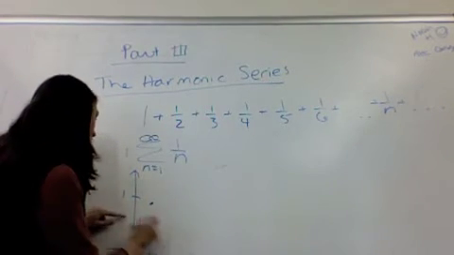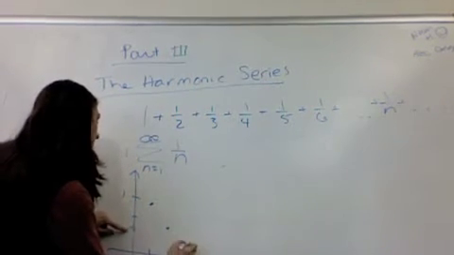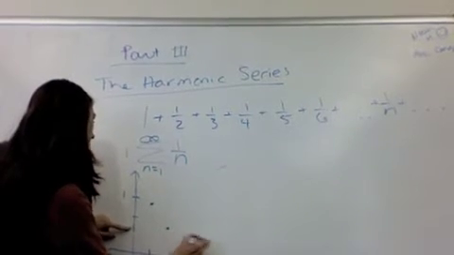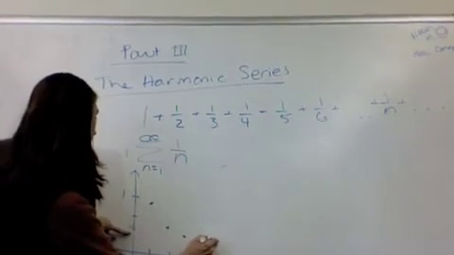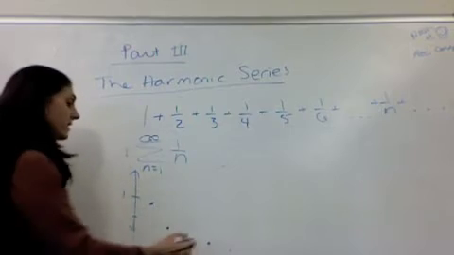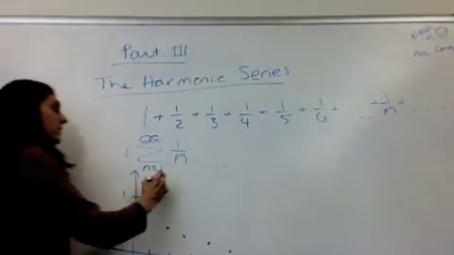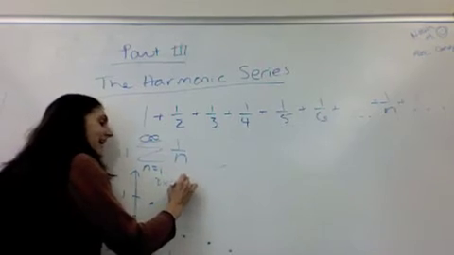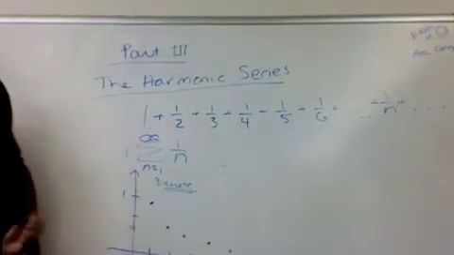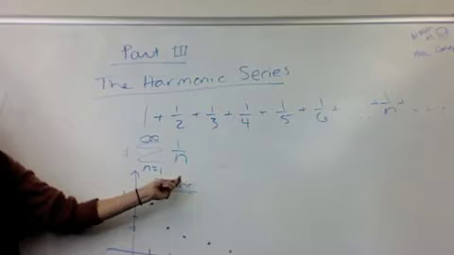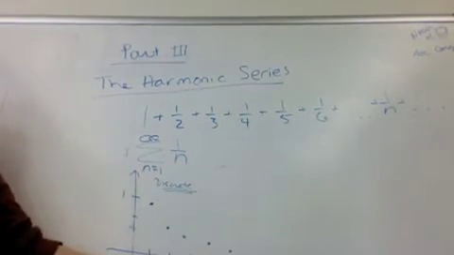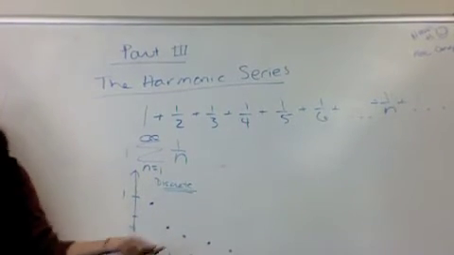When n is 2, we get a dot at 1/2, and then a third, and a quarter here, and so it's like this. Now we don't connect the dots, right? This is discrete. I always want to connect the dots, but what's our domain for these things? Positive integers, right? So we don't get this stuff in the middle.